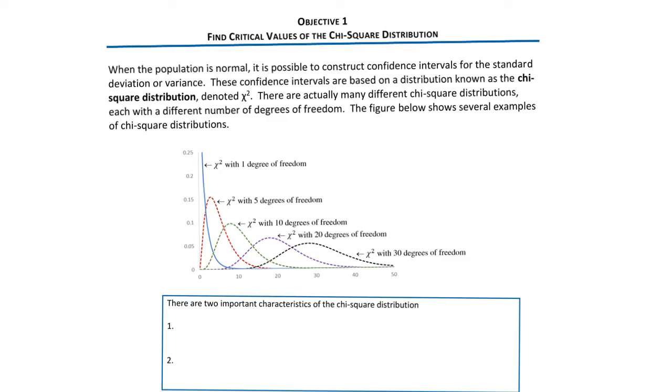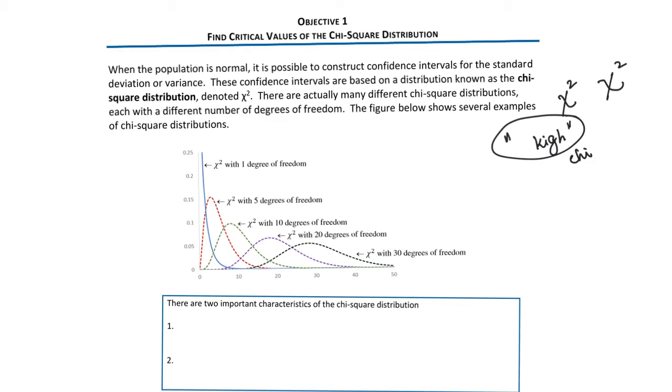It is denoted by x, kind of x and a square. But we read this as chi. This is a Greek letter chi, but we will pronounce this as chi.